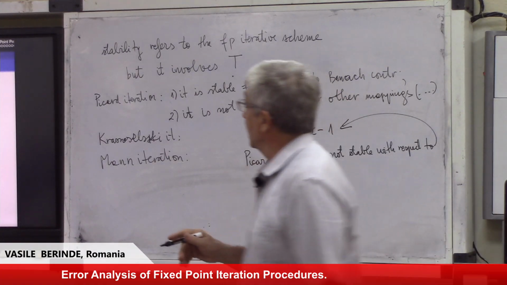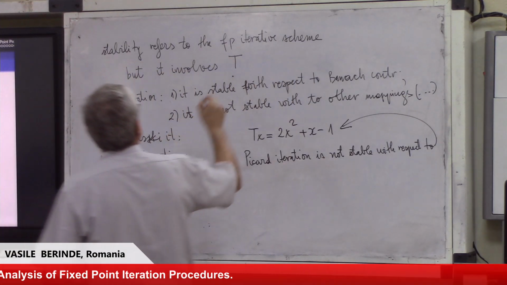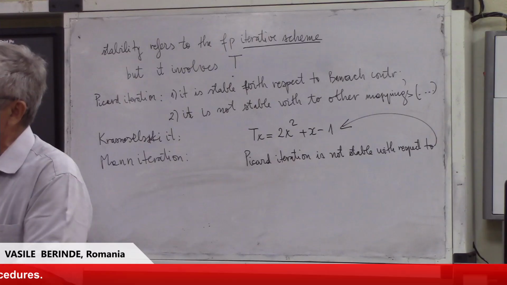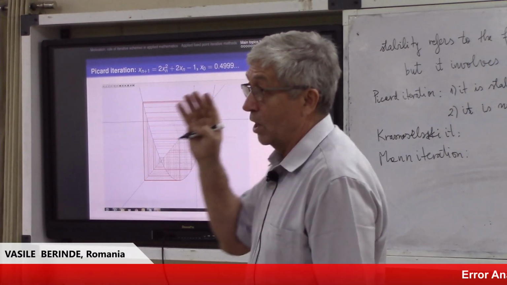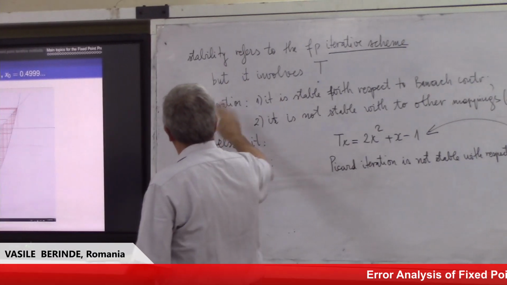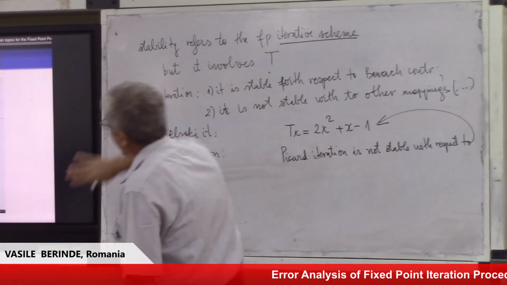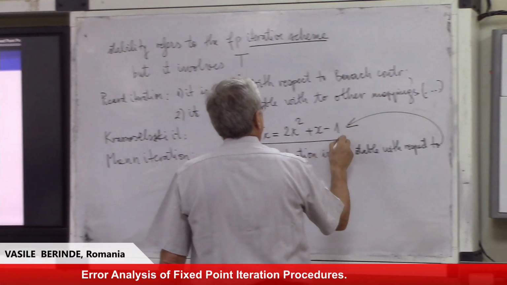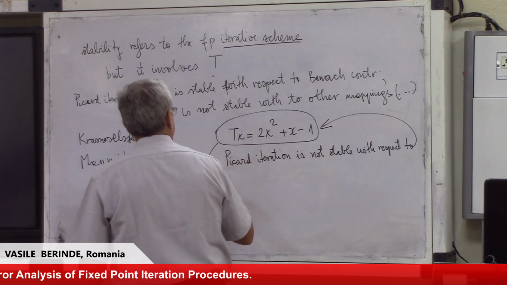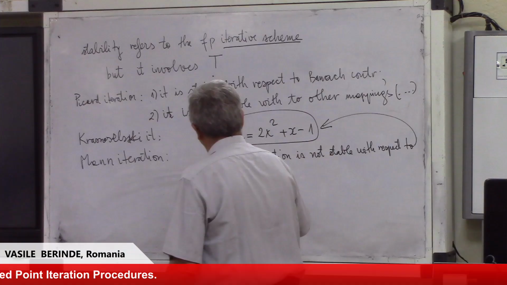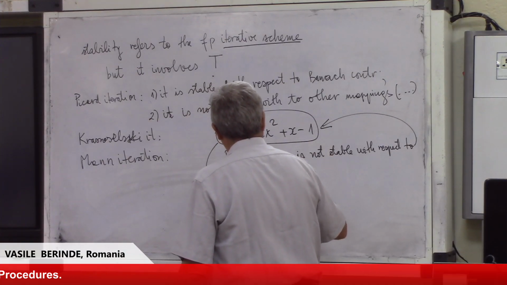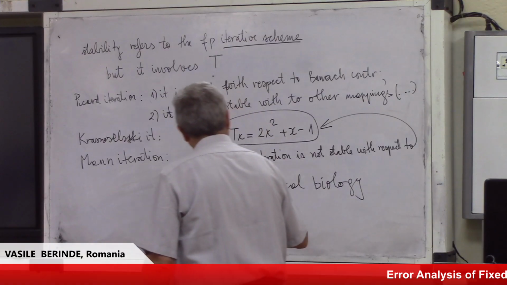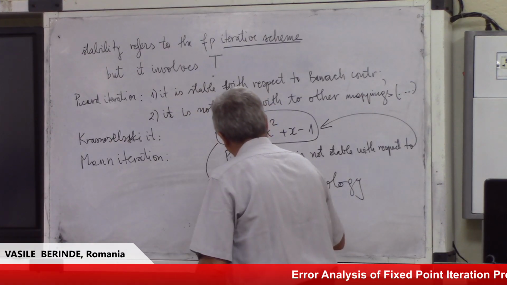So stability is not a property of the iterative scheme alone, but of the iterative scheme in conjunction with the map. We can have iterative schemes which are stable with respect to some maps. This function is famous in mathematical biology. It is not exactly the logistic map.